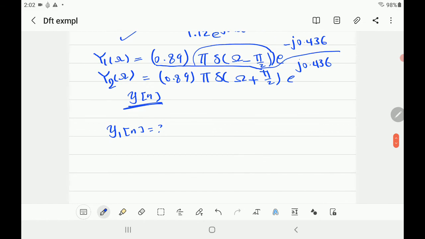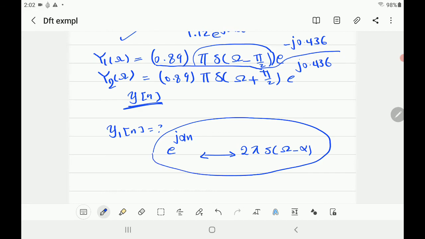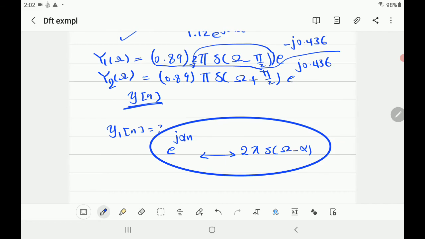What I found is the function e to the power j alpha n, if you convert it by Fourier transformation, it would be 2 pi delta omega minus alpha. That's what we found in the table. All right. So you have pi here, so you can multiply by 2 and divide by 2. So you have this 2 here. And the constant, leave it as it is.